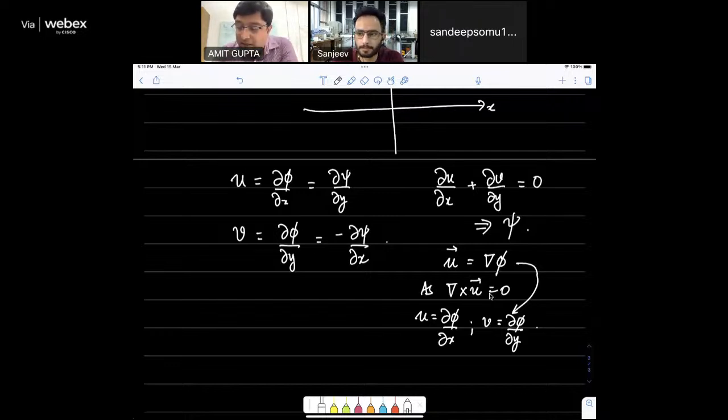That's an interesting question actually. Let me put it this way. It is valid for stagnation points, except stagnation points are very special points. A stagnation point is defined as one where the two components of velocity go to 0.